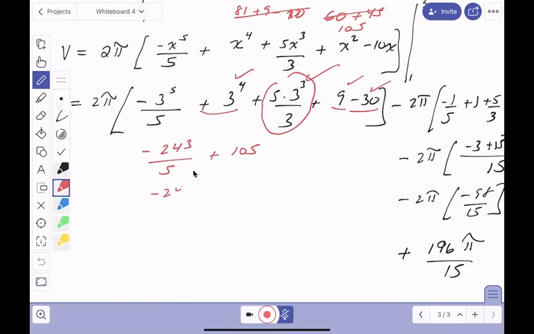Minus 243 over 5. That'll be 525, right? Wow, this is going to be really tough. Let's write this down. That's going to be 282.